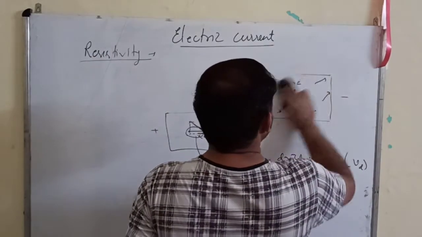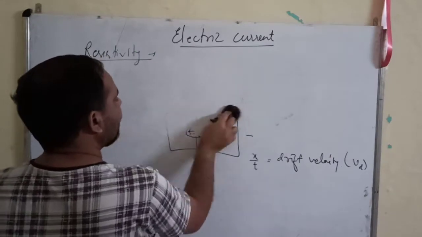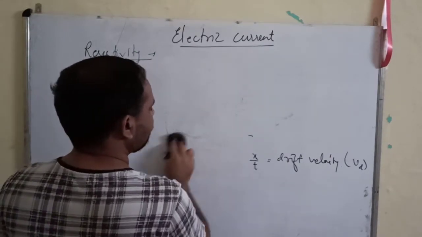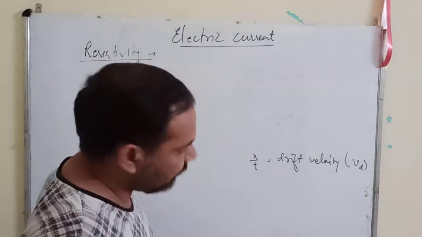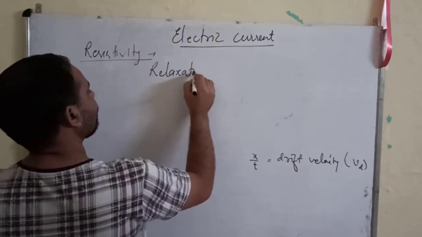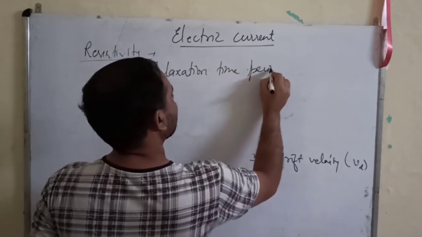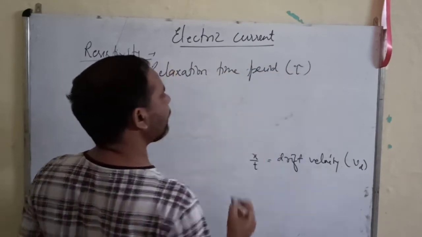Okay, now there is one more term, and that term is relaxation time period, which we denote by tau.